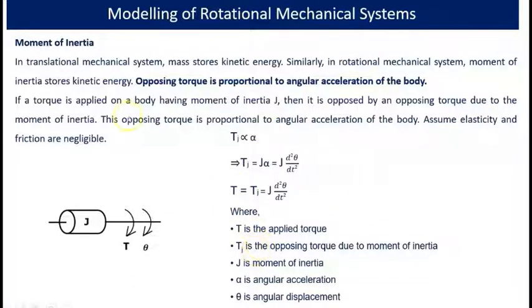In the rotational system, this opposing torque is equal to the product of moment of inertia and the angular acceleration. So remember this equation: the opposing torque, called inertia torque, is equal to J into d square theta by dt square.